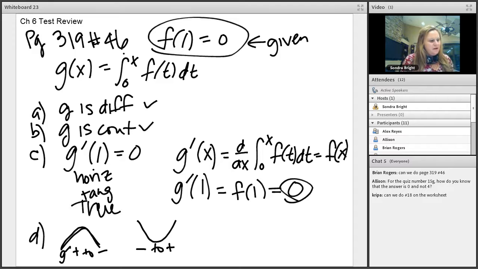So to me, I'm thinking it's got a local max. It's going from g prime, so the derivative of it, f of x, would be going positive to negative, or negative to a positive, how do we know? Well, I think it has to do with the derivatives all being positive after 0, and then 1.